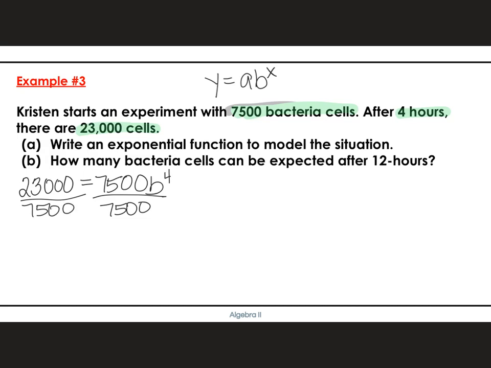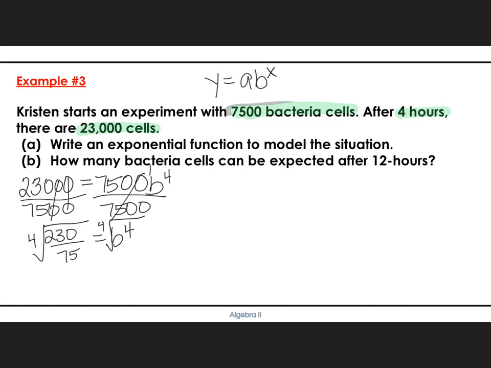And this over here is going to become 1. So on the left side, I have b to the fourth. And then over here, these will cancel, these will cancel. So I have 230 over 75. Okay. And then I'm going to take the fourth root of both sides. And at this point, you can use a calculator.